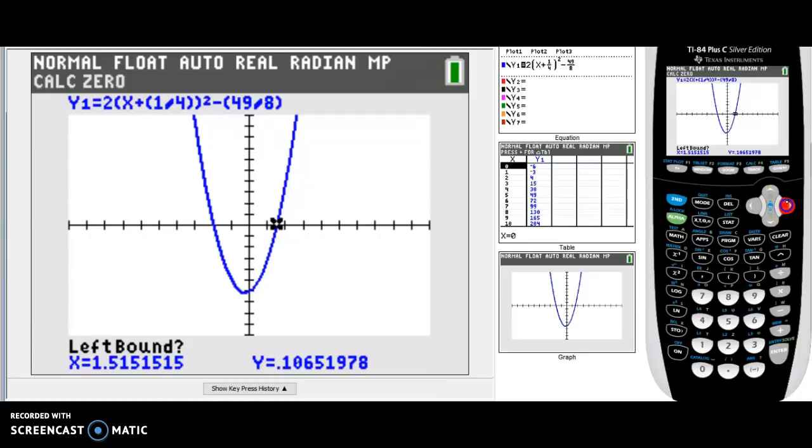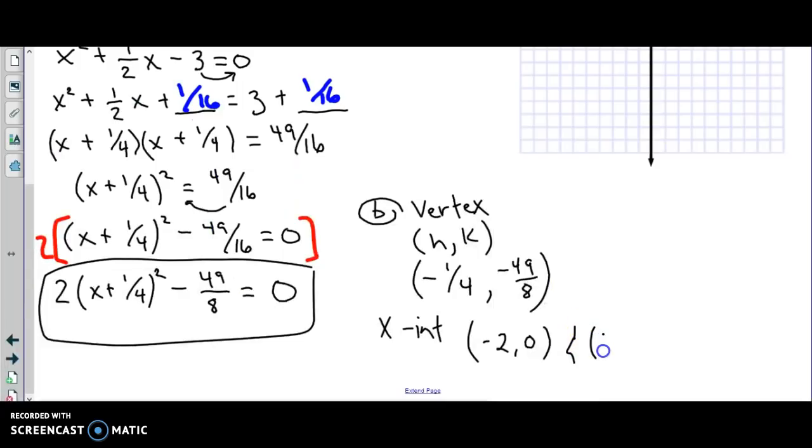You're going to go just below it for your left bound. Enter, go just above that intercept, enter, and then guess. And it tells you that your value is at 1.5, 0. So I have 1.5, 0.